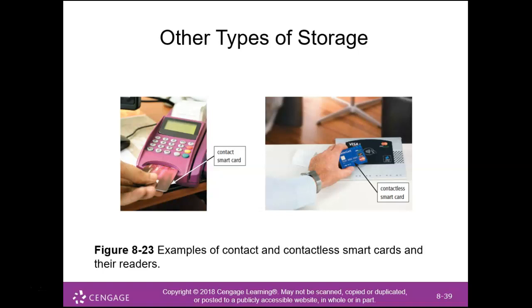Contact smart cards are inserted into the smart card reader when you're checking out, say, at a grocery store, making physical contact with the reader. However, contactless smart cards have an antenna embedded inside the card, and this is what enables communication with the reader without physical contact.